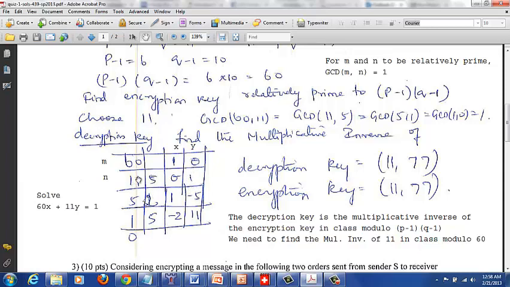Then 11 divided by 5, the quotient is 2, the remainder is 1. Then 0 minus 2 times 1 is negative 2. 1 minus 2 times negative 5 is 1 plus 10, which is 11.